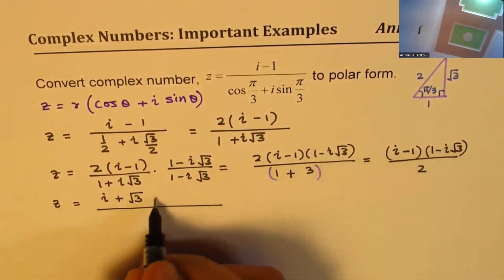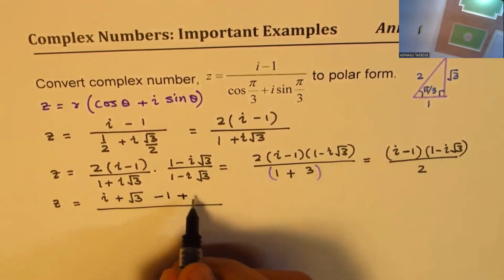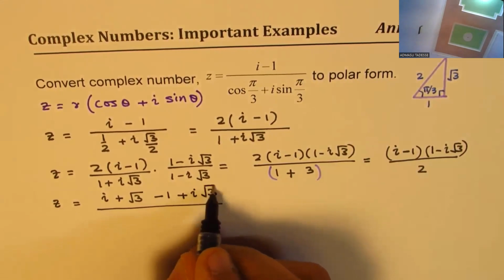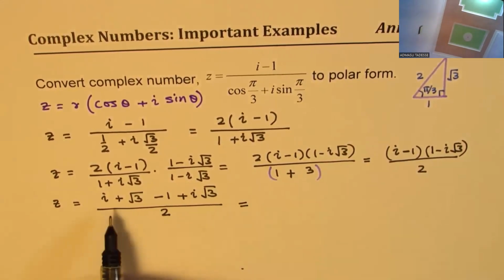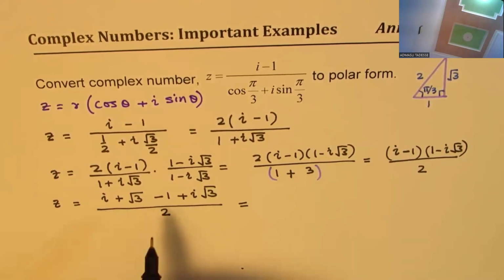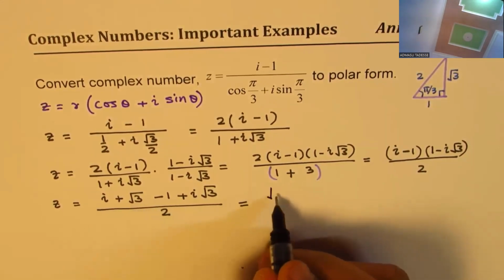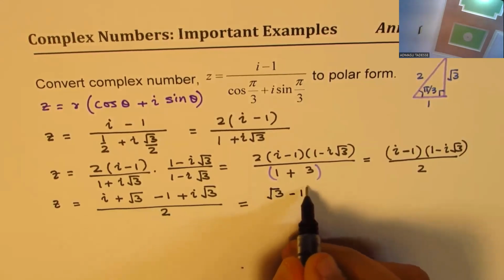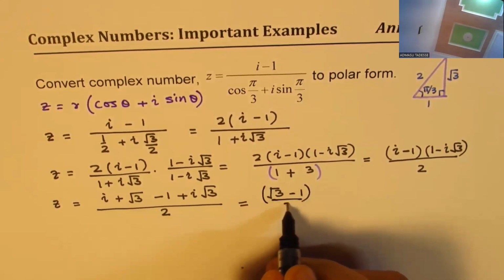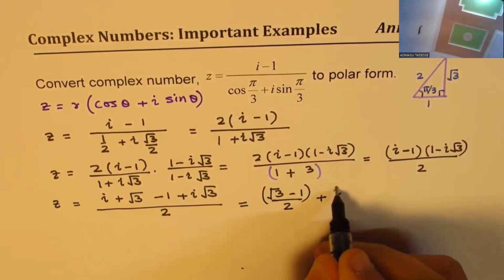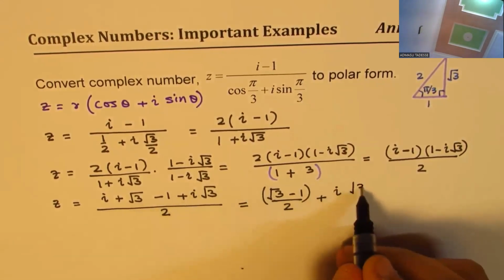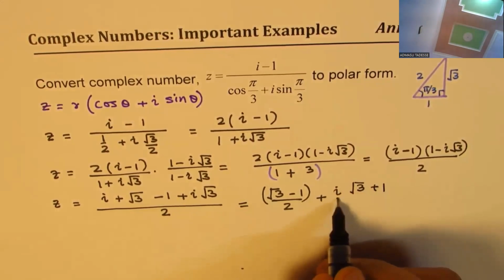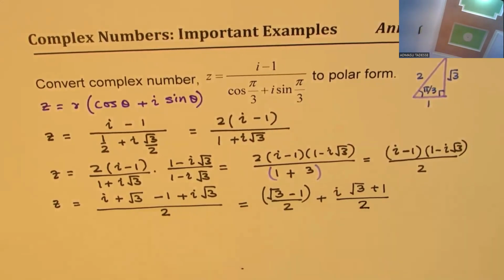Multiplying by minus 1 gives us minus 1 and plus i square root 3, over 2. Now combine the like terms. The real part here is (square root 3 minus 1) over 2, plus the imaginary part, which is (square root 3 plus 1) over 2. So that becomes the complex number.